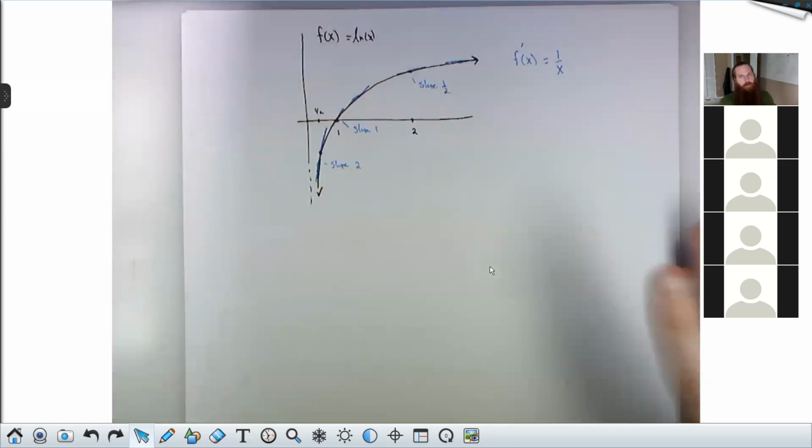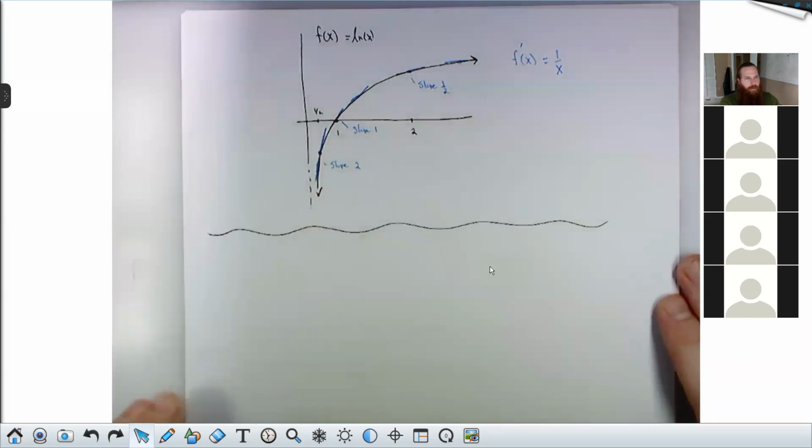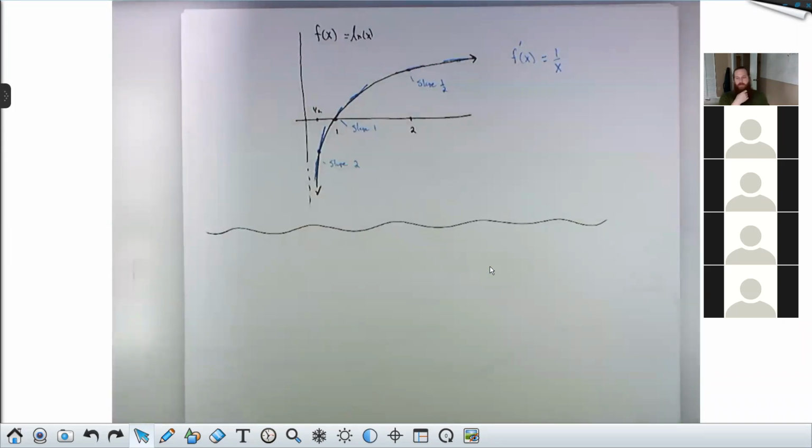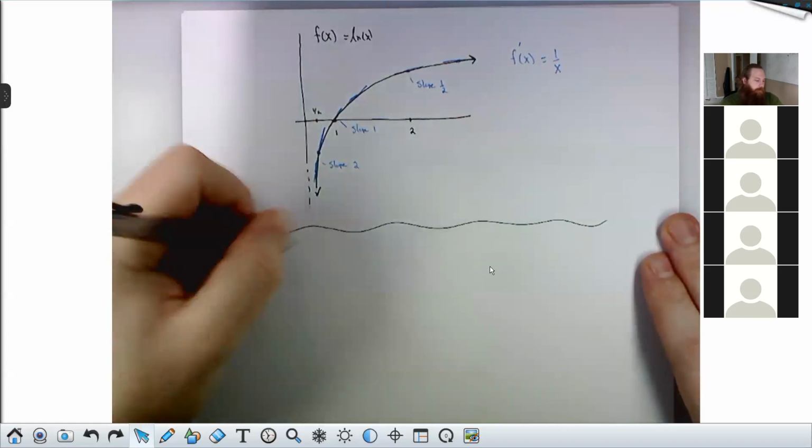So we can see these two things together. Just like we did with the inverse trig functions, the next step is to learn how to apply all of our other differentiation rules with this function that we now know how to differentiate. So let's get some practice.